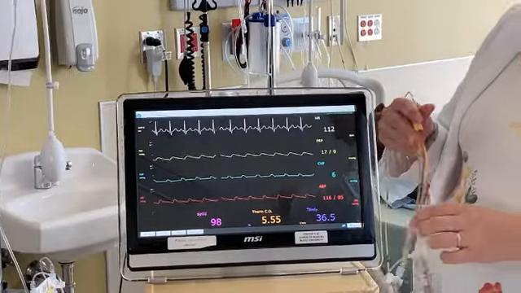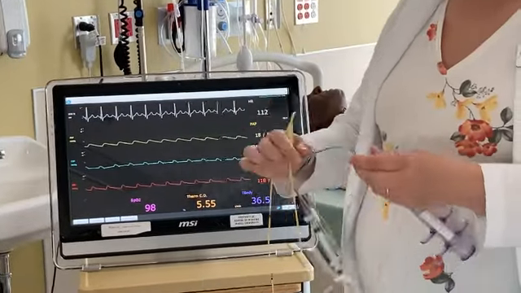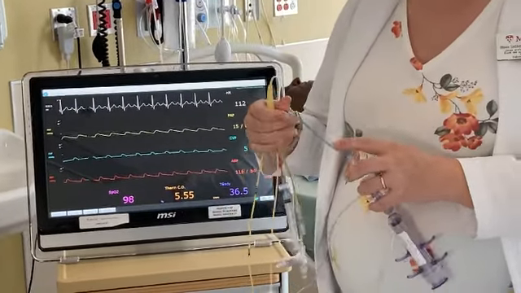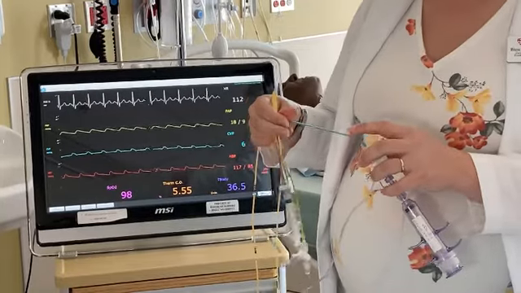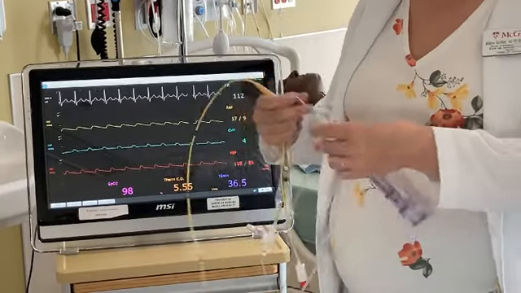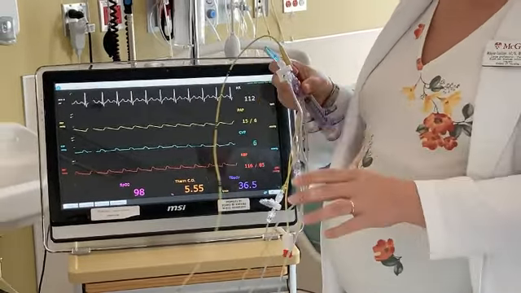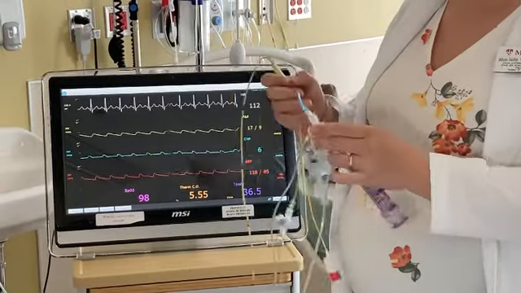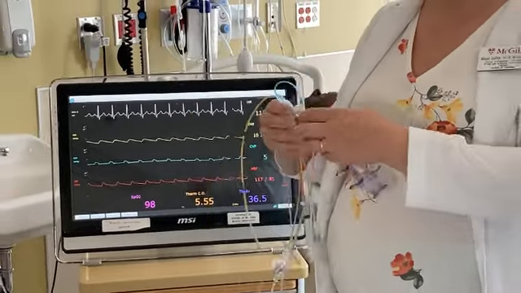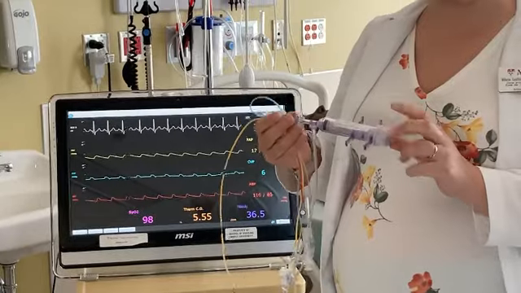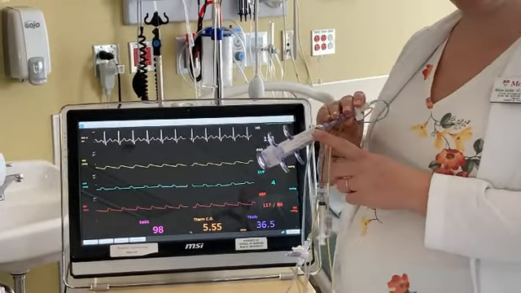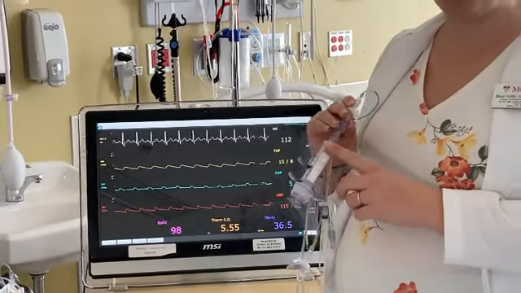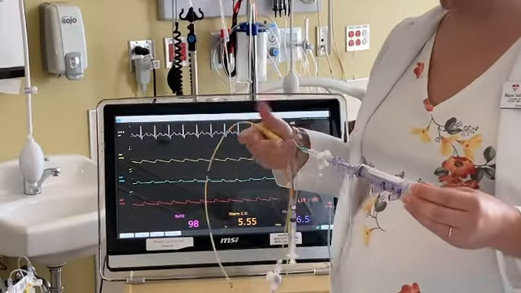So it is a core temperature. And then this blue line here is for the right atrium. So that finishes off in the right atrium. It's connected with the central venous pressure transducer to give us the central venous pressure. But it also has this cardiac output syringe here that we can use to measure cardiac output through thermodilution.